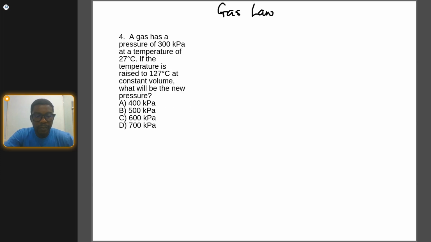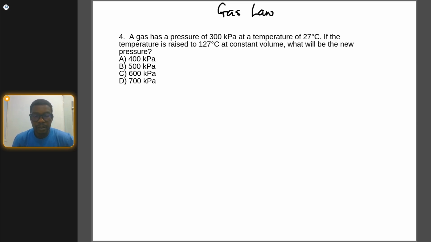A gas has a pressure of 300 kilopascal at 27 degrees Celsius as temperature.